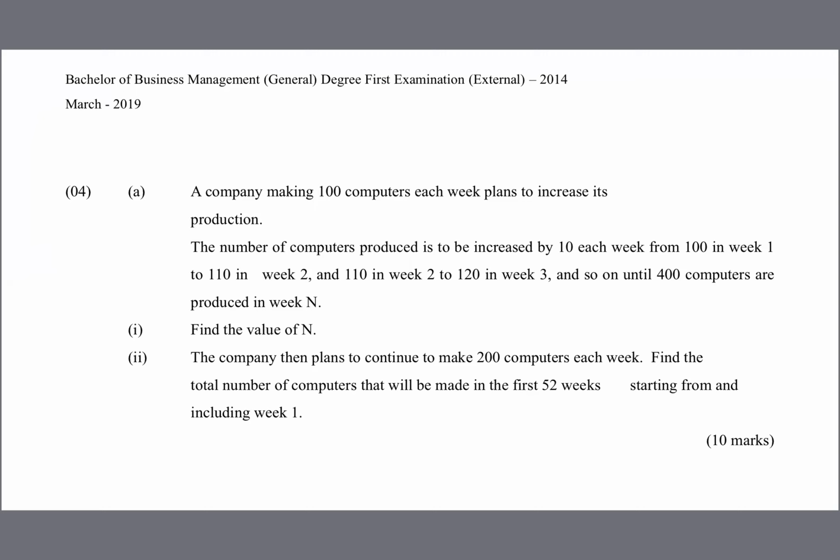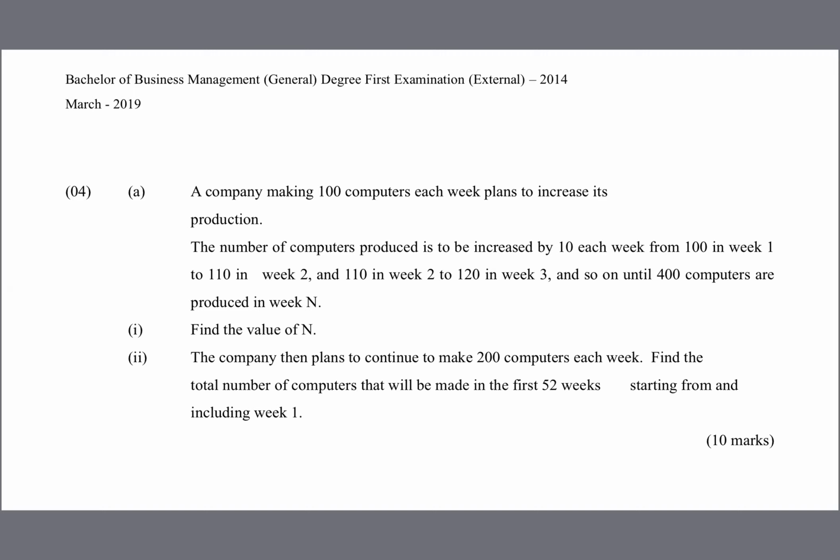So the second part says the company then plans to continue to make 200 computers each week. Find the total number of computers that will be made in the first 52 weeks, including week 1.